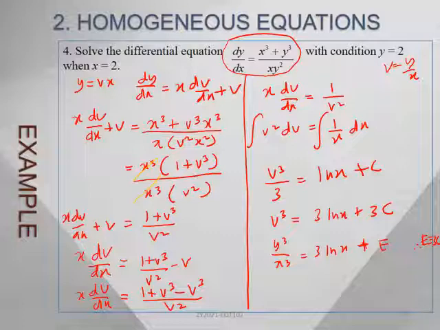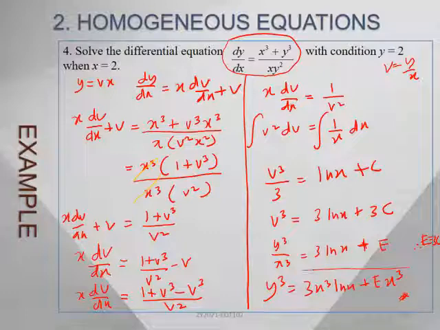Okay, that's it. Or we can move it to the right hand side: y cubed equals 3x cubed ln x plus e x cubed. Okay, can stop here.